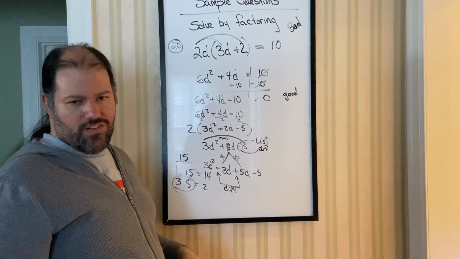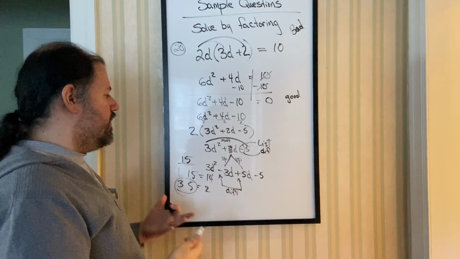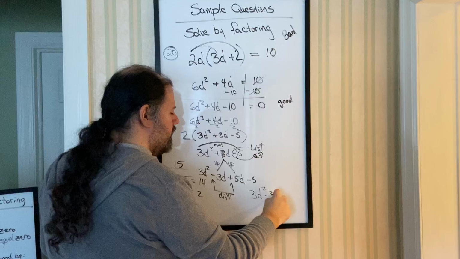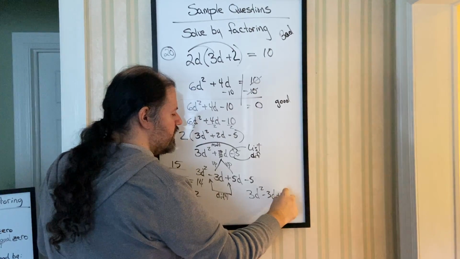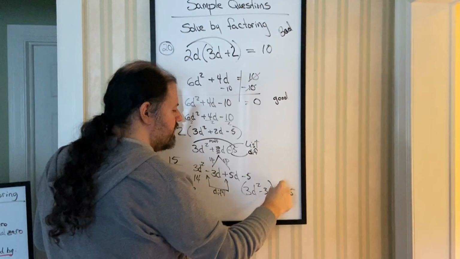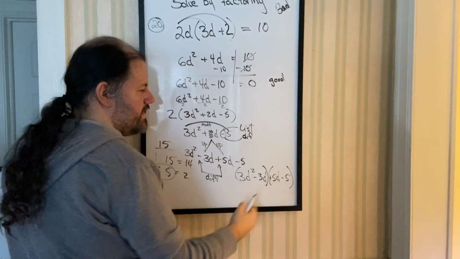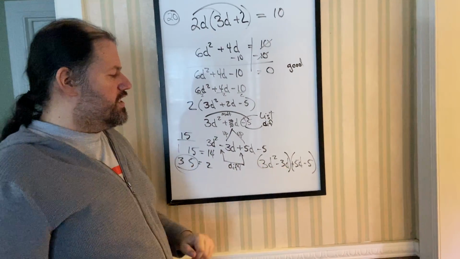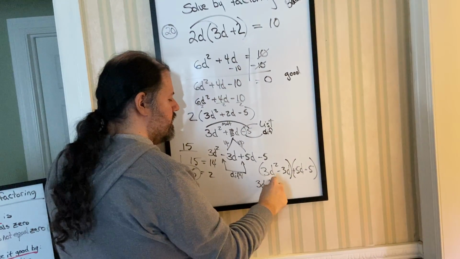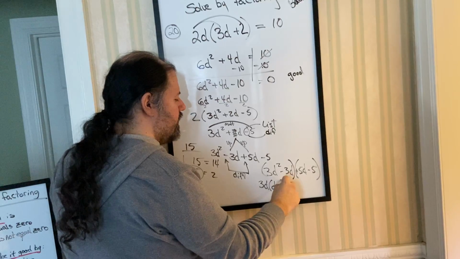And with these 4 terms, we're going to have to do the grouping method. The grouping method, if you recall, is just put parentheses around the first 2 terms, parentheses around the last 2 terms, make sure you include the sign in the second set, and then take out the GCF. Here you can take out the GCF of 3D. So you're left with D minus 1.